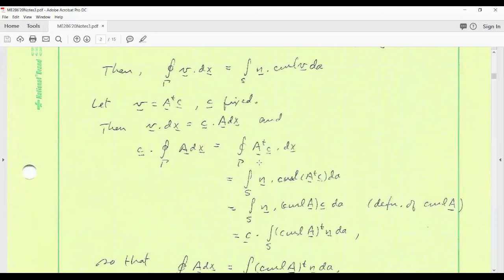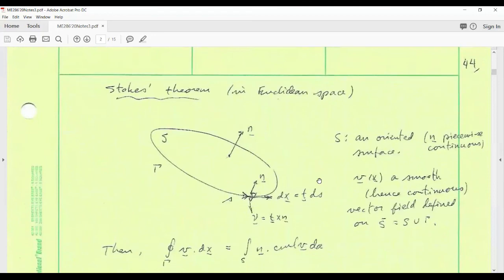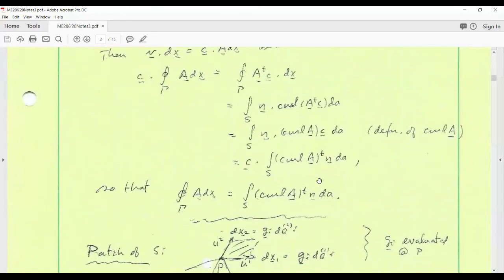And then use the Stokes theorem to write this. This is my vector v, so that would be n dot curl of v integrated over the surface. And from the definition of the curl of the tensor, that's the same as the tensor curl A operating on c. And I can rewrite this as curl A all transpose on n, dotted with c, using the definition of transpose.